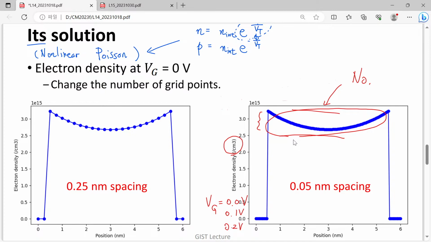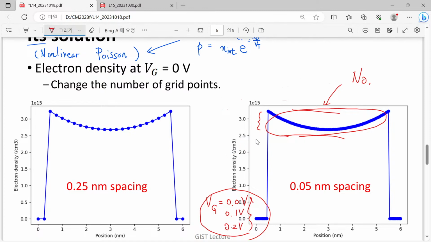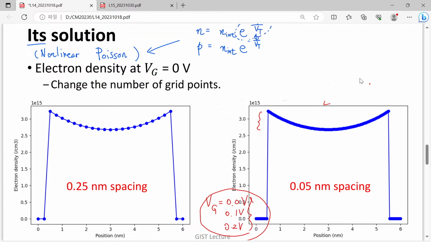And if we have a sufficiently high number of electrons at a certain gate voltage, then we can use those electrons to conduct current. So please try to calculate this one. This is the case for gate voltage equal to 0 volt.